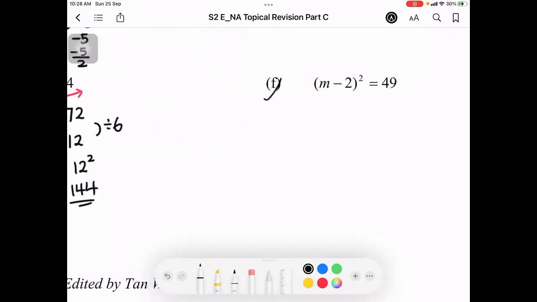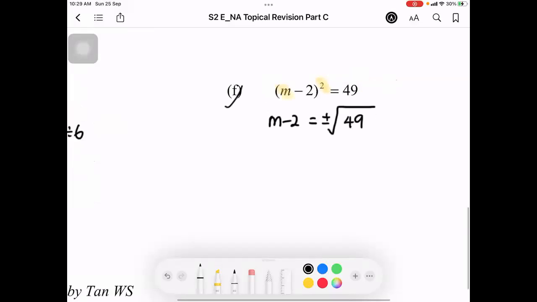Same thing. Now you notice m is inside this bracket, with a square over here. Outermost enemy, we get rid of the square. How to undo square? We take square root on both sides. But when we take square root, how many answers will we have? There will be 2 answers, plus or minus 7.